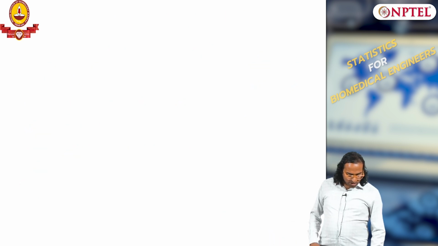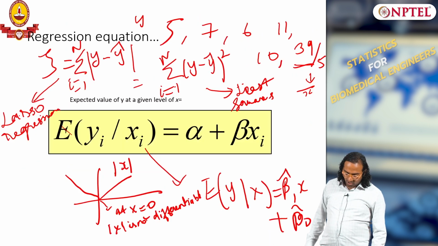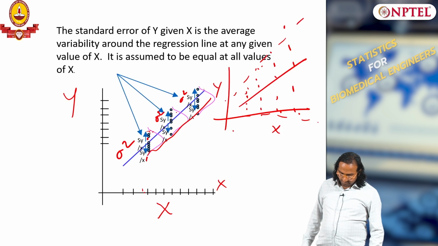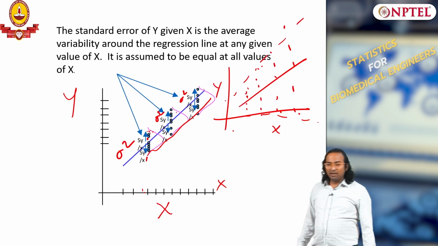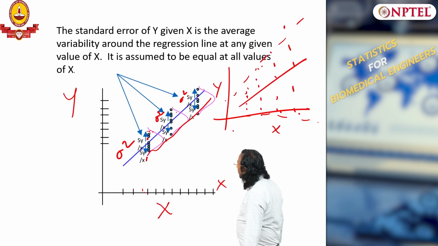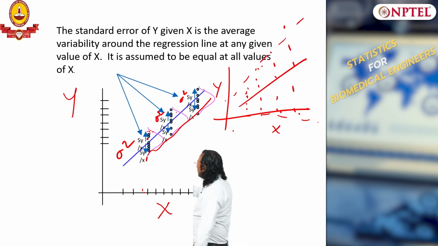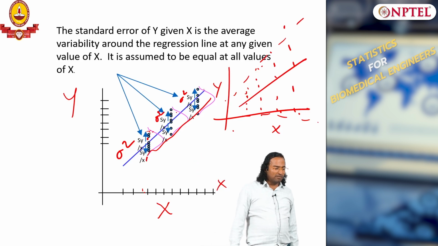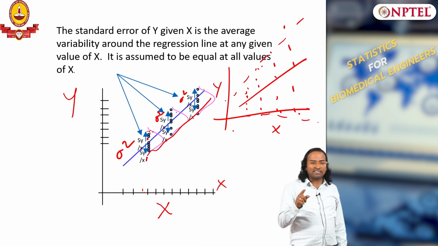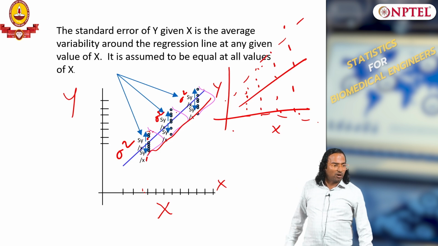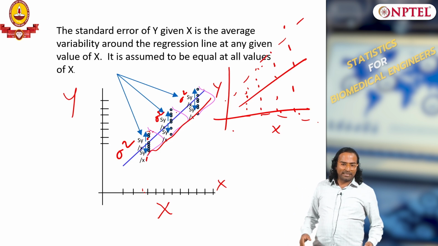So, let me go to this fourth assumption and then tell you what it means. This is what I mean when I say homoscedastic. If you plot x versus y, remember for every x there could be multiple values of y, that is what I showed you in the example, 2, 2, 2, 4, 4.1, 3.9, like that, right.